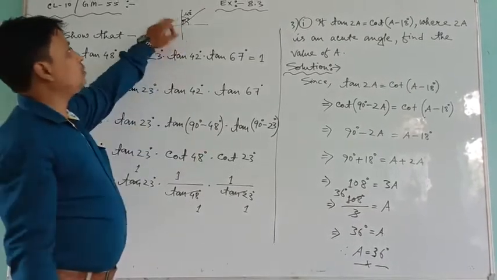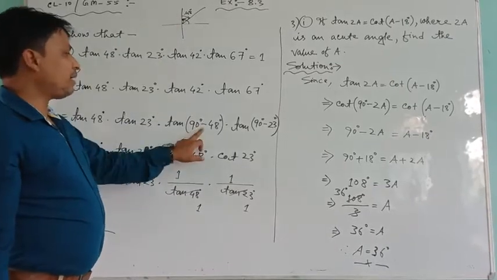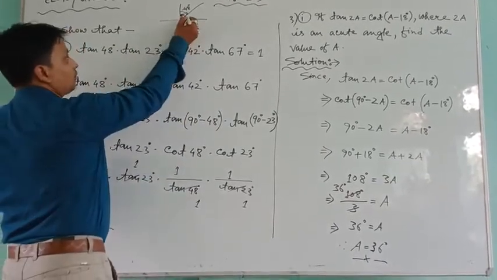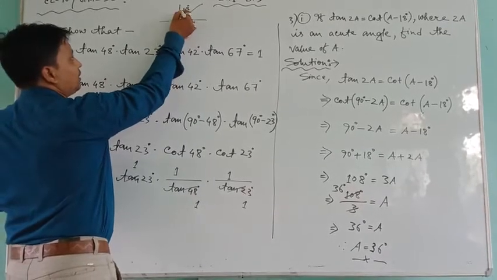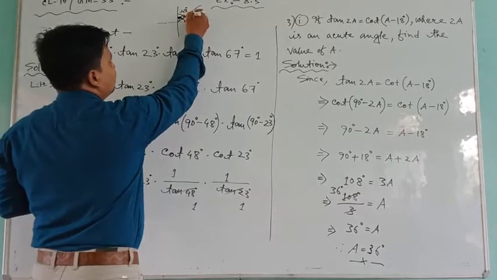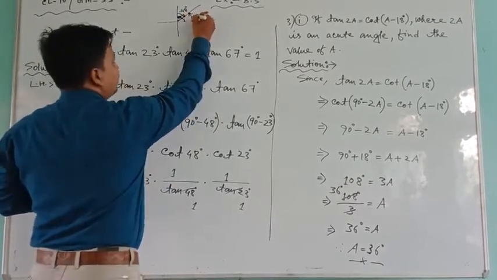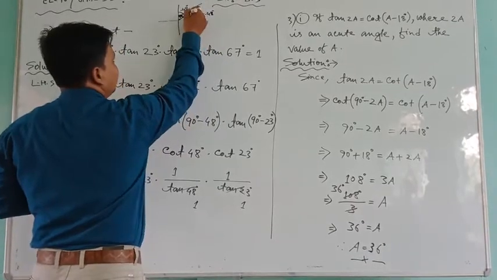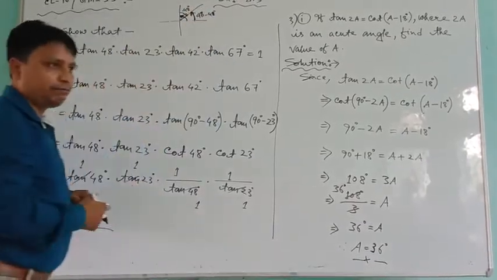Positive means anti-clockwise 90 degree and minus 48 means clockwise. First anti-clockwise 90 degree, then clockwise minus 48 degree. Then the remaining portion is represented by 90 degree minus 48 degree. Then this one is under first quadrant.